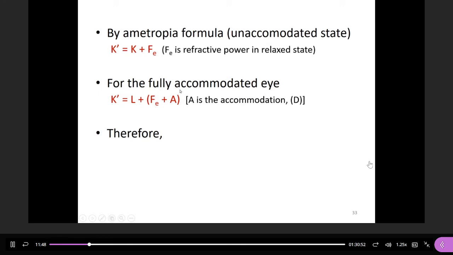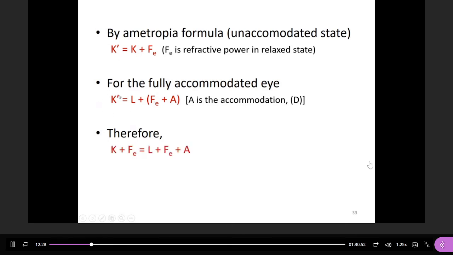The first one is Fe, which refers to the refractive power of the eye in the unaccommodated condition, plus the accommodation, because on top of that the lens changes in power, so you have to add another A, which represents the accommodation of the eye, and that will be equal to L prime. L prime is the image vergence of the eye, because the axial length remains unchanged before and after accommodation.